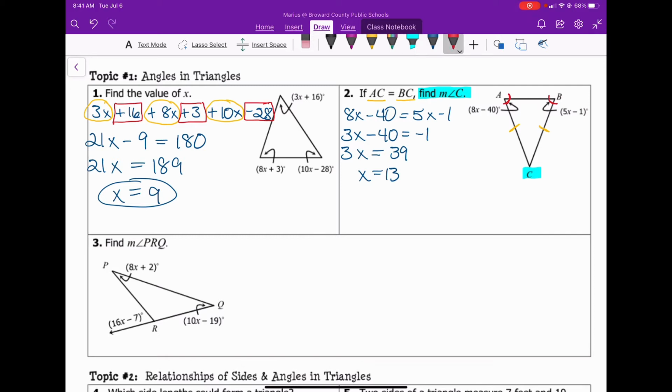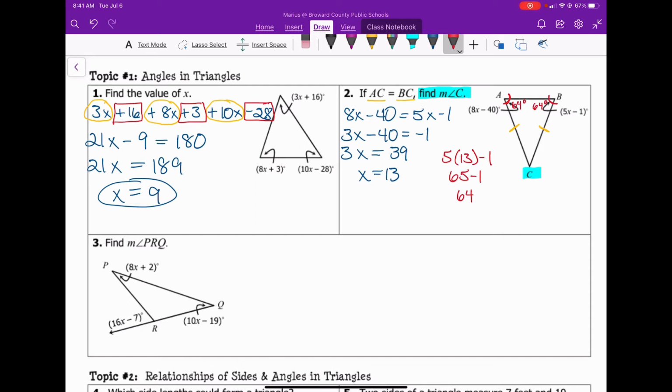So now I'm going to plug it into B. So angle B is 5 times x, which is 13, minus 1. 5 times 13 is 65. 65 minus 1 is 64, okay? So angle B is 64 degrees and angle A is 64 degrees.